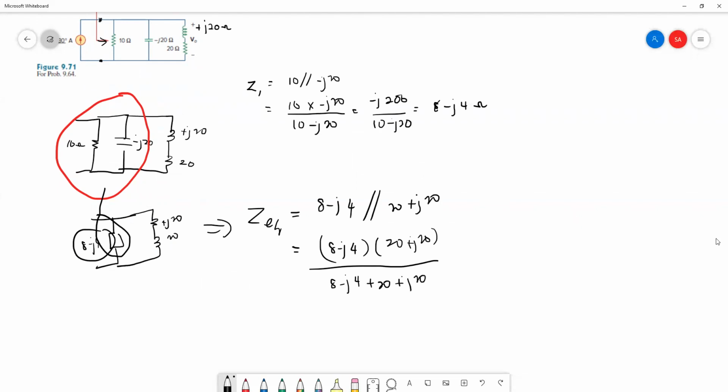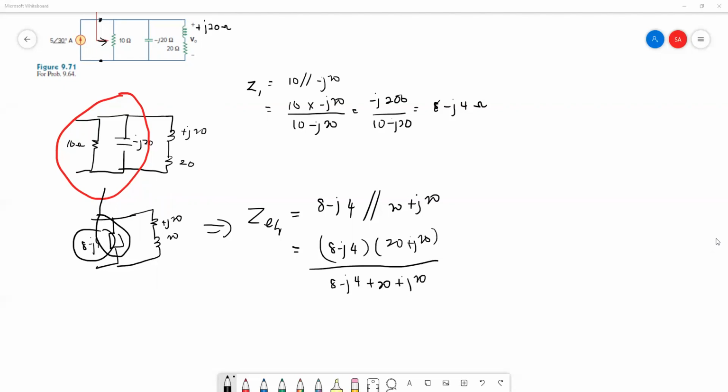You can use your calculator: bracket 8 negative 4 shift I bracket, multiply bracket 20 plus 20 shift I close bracket, over bracket 8 minus 4 I plus 20 plus 20 I close the bracket. So you will have the answer.